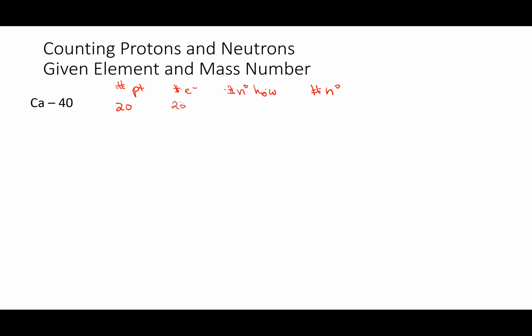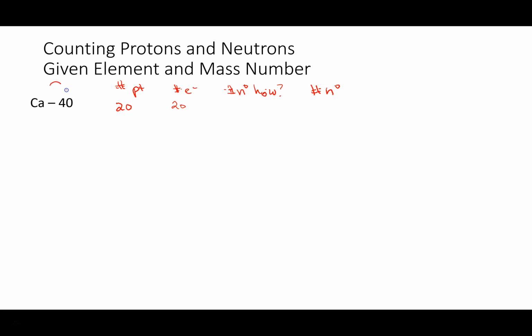Okay, Ashley, I don't want you to tell me how many, but how would you go about calculating the neutrons with this given information? The calcium 40, 20 protons. Just tell me the subtraction you would do to calculate neutrons.